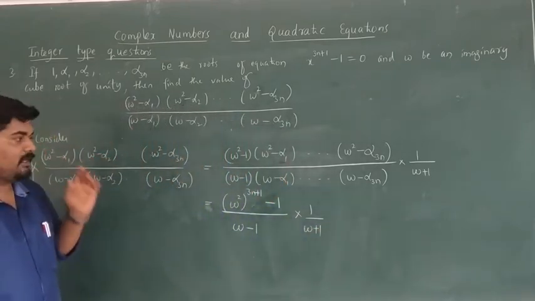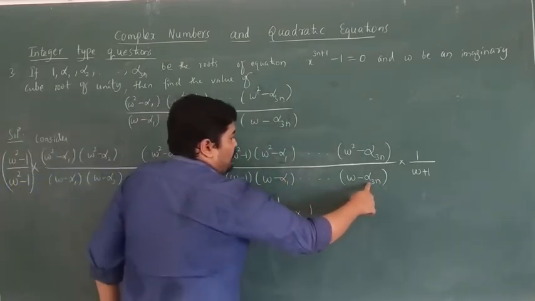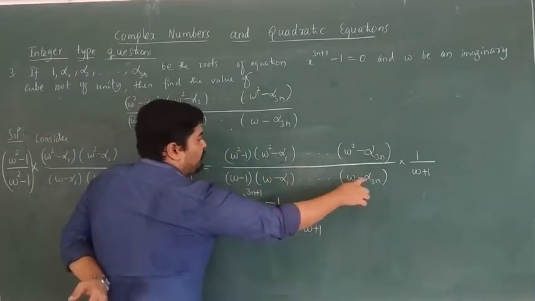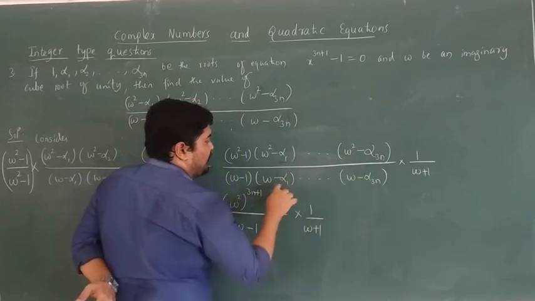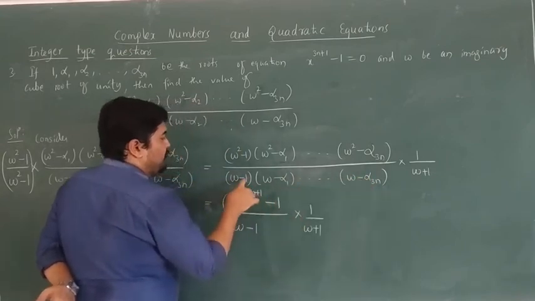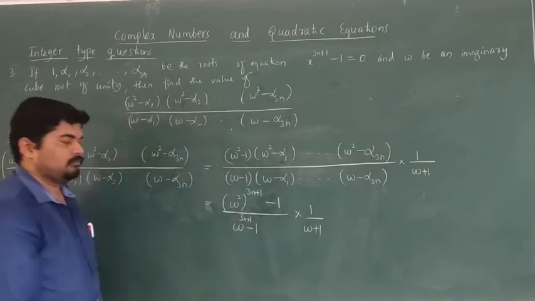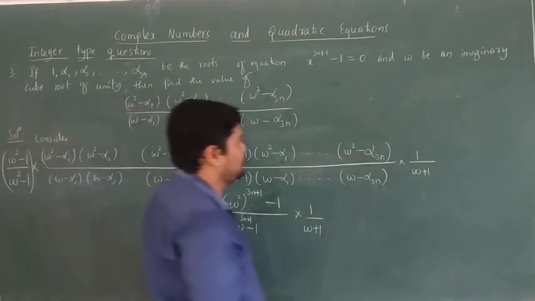I hope you can easily understand. Here ω is multiplied how many times? First of all, alpha were present from 1 to 3n. Here 1 term is extra, therefore you get 3n plus 1 here also. I hope you can easily understand this one.